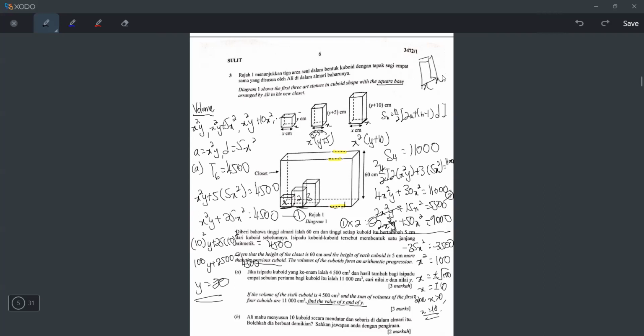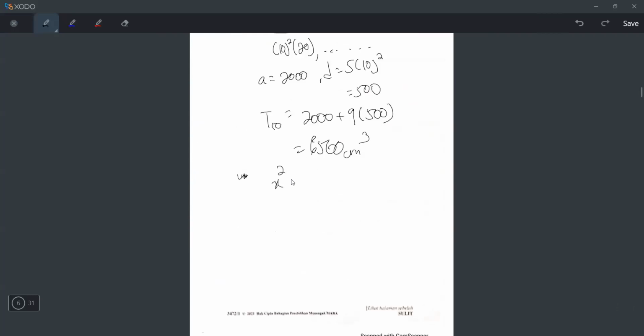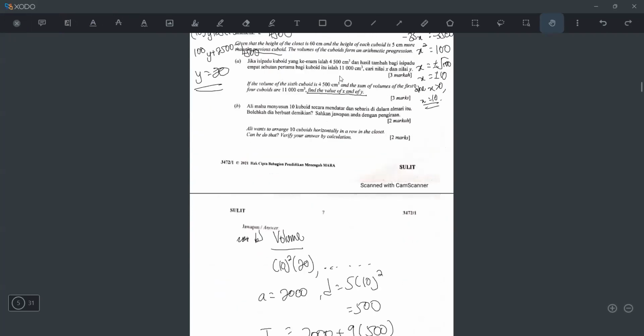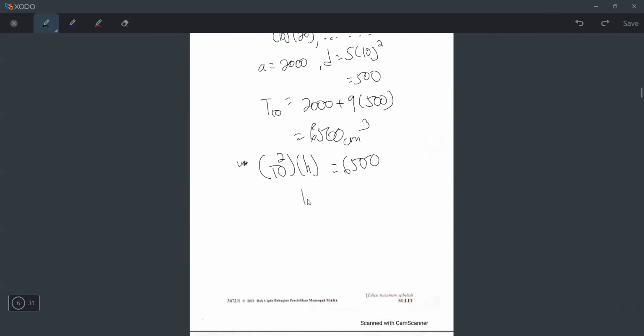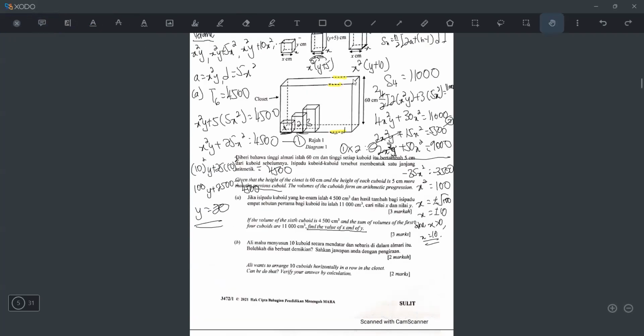It will be x times x, which is x squared, times the height, equals 6500 also. And we already know the x is 10, because I found it already in A. So 100h equals 6500. So 6500 divided by 100, you get 65. It means the height of the 10th cuboid is actually 65 cm.